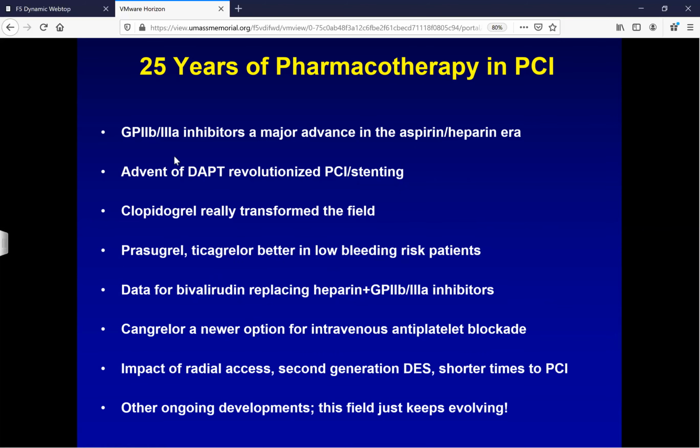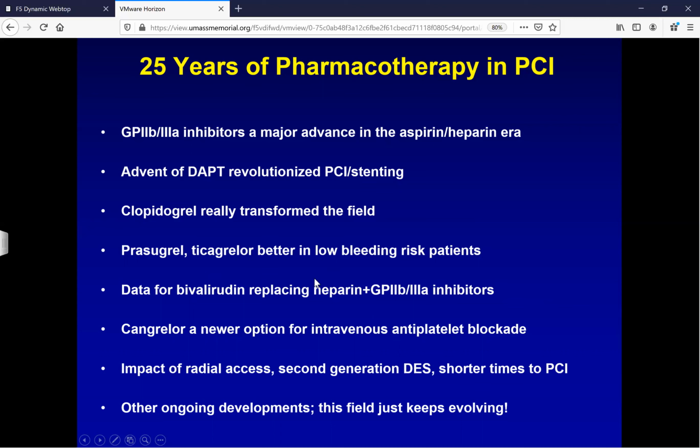But as you can see, these are kind of last 25 years of pharmacotherapy, where we started with aspirin initially, but then we added these dual antiplatelet agents, which really helped with the stenting and keeping the stent open. Clopidogrel was the first one, but then Prasugrel and Ticagrelor actually improved on that.